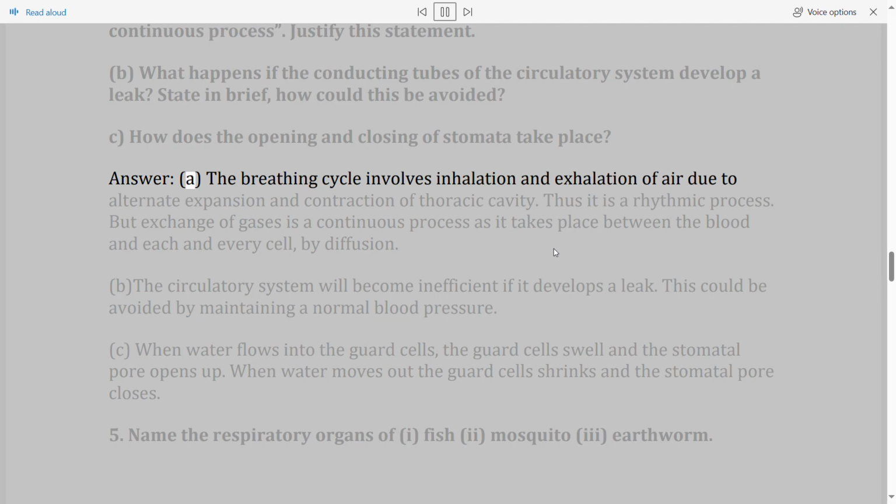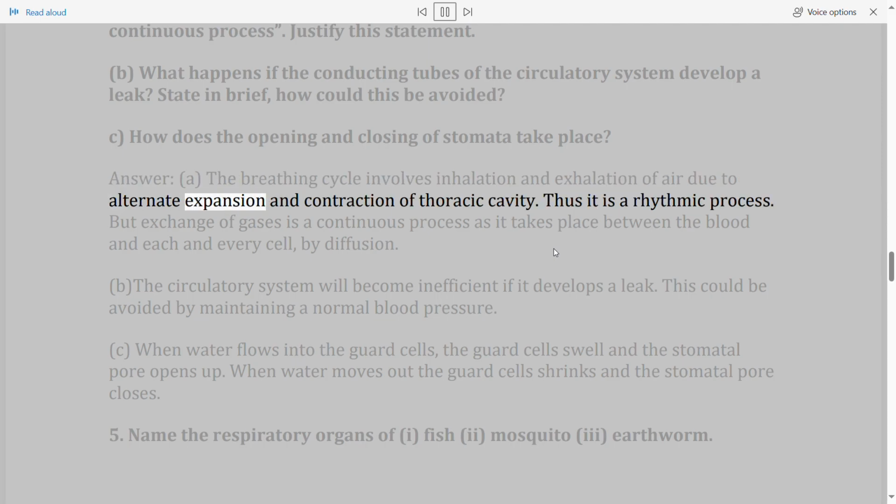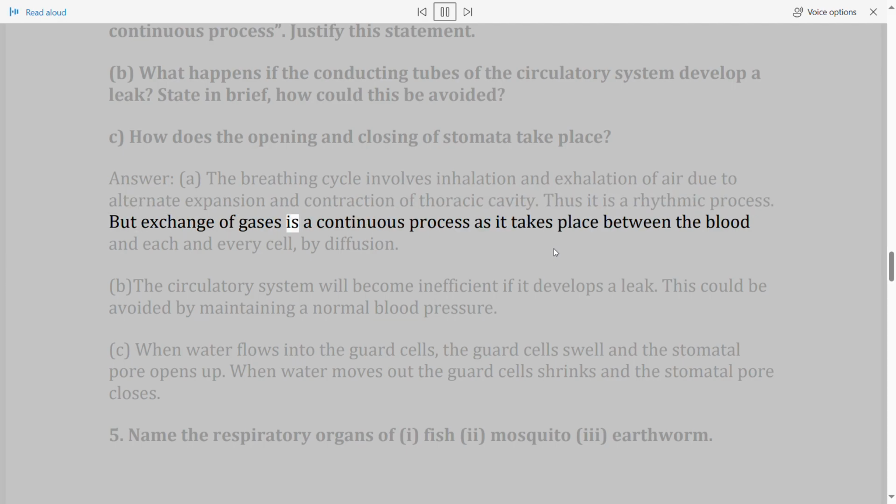Answer. a. The breathing cycle involves inhalation and exhalation of air due to alternate expansion and contraction of the thoracic cavity. Thus, it is a rhythmic process. But exchange of gases is a continuous process as it takes place between the blood and each and every cell by diffusion. b.